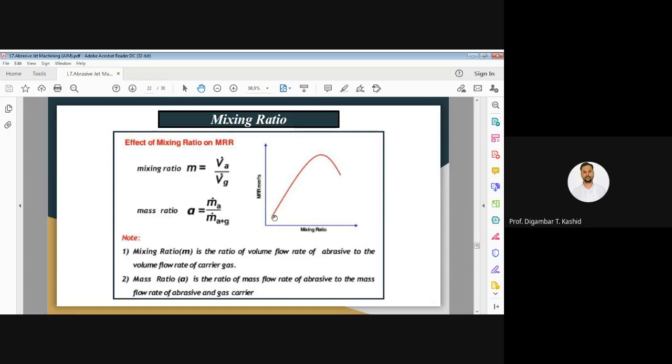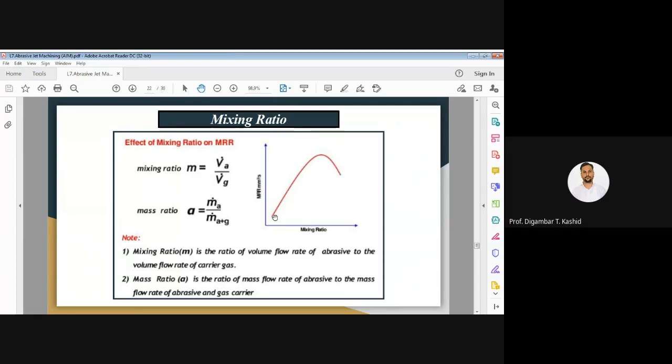So the effect of your nozzle pressure on the volumetric material removal rate is not very high there. And as we know, kinetic energy is responsible for the removal of material, and you get that kinetic energy if your critical pressure is achieved or your pressure is beyond that critical pressure. So this is responsible for that erosion action, which we have already discussed. Okay, and a certain minimum velocity for the given workpiece material is also needed.